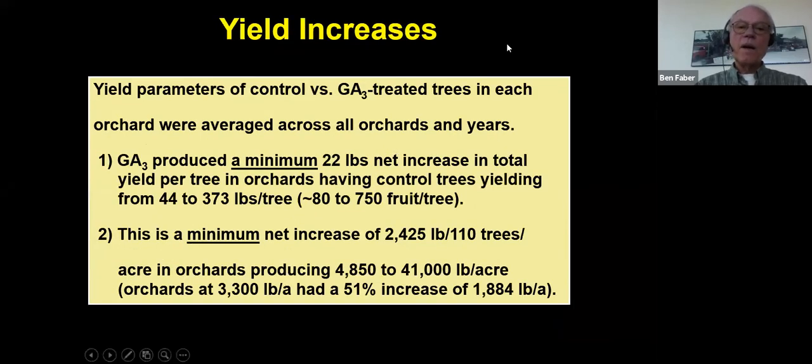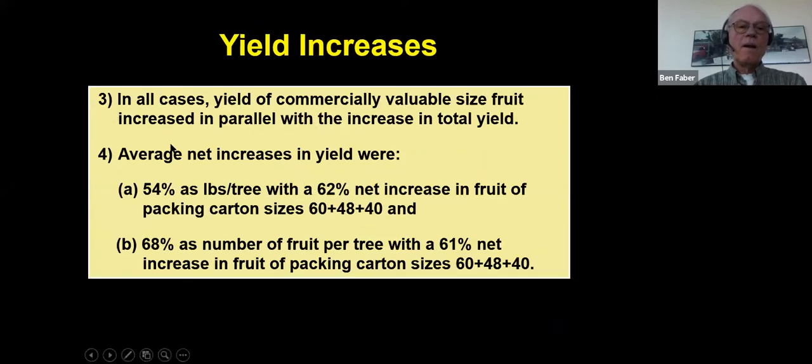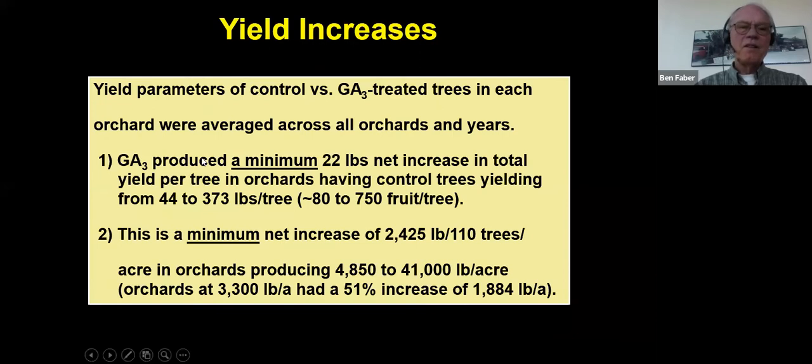Okay, so these are the results that Carroll got over a 6-year period comparing Ga3 treated trees versus control. The Ga3 produced a minimum of 22 pounds increase, for trees that were yielding between 44 and 373 pounds as control trees.